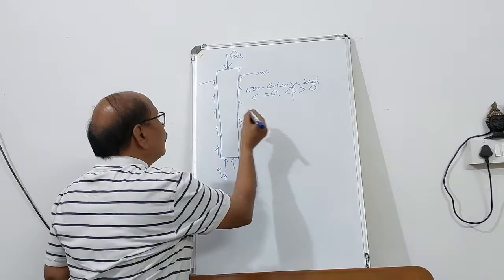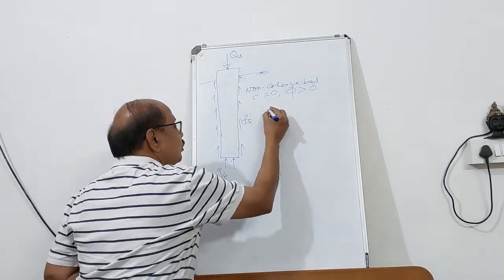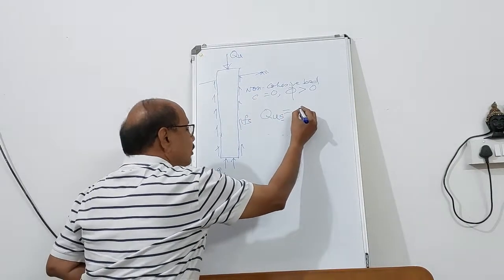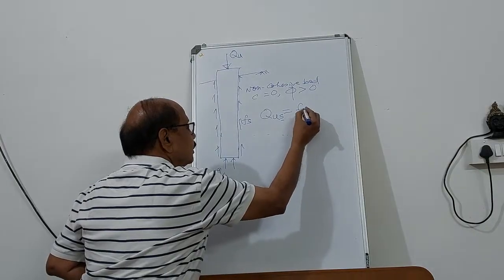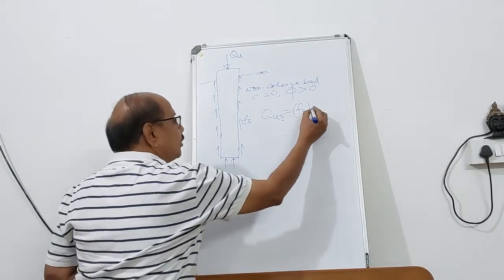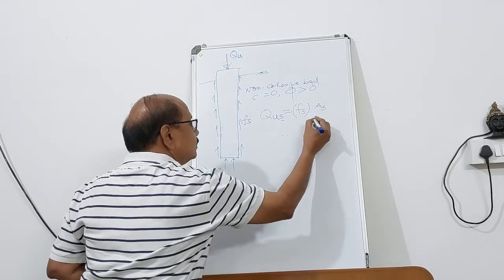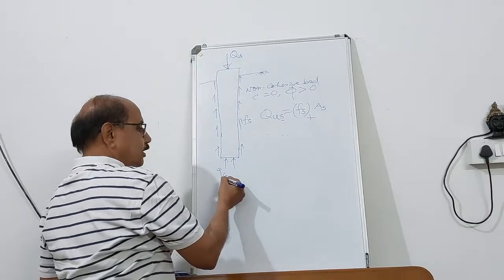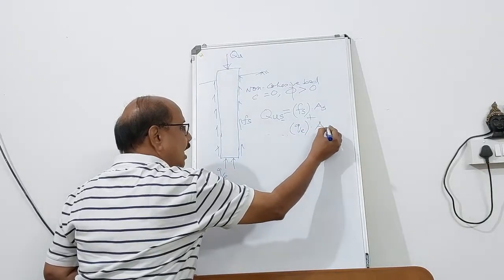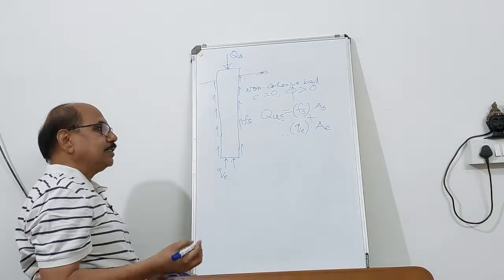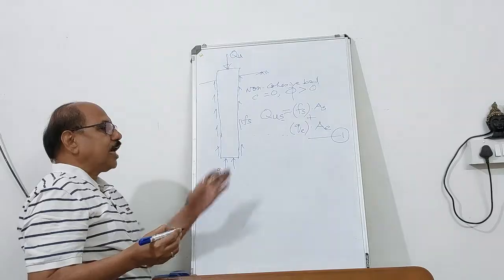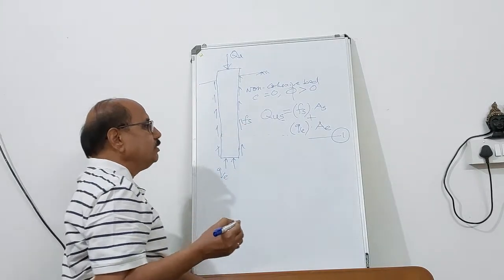So the ultimate load carrying capacity of this single pipe will be the unit skin friction Fs multiplied by the shaft area, plus unit end bearing resistance multiplied by the area of the pipe at its tip or at its end. So there is the famous equation to calculate the ultimate load carrying capacity of a pipe.